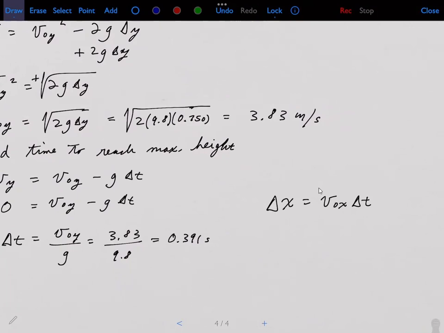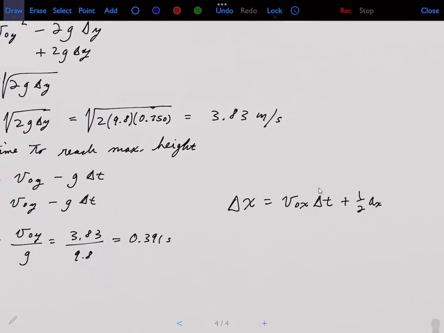Remember the whole equation is this. But because we're talking about a projectile, in the x direction, ax is equal to 0 meters per second squared. There's no acceleration in the x direction. We're assuming there's no air resistance, no forces. So that's why we don't ever include that for the x direction. It's simply delta x equals v naught x times delta t.